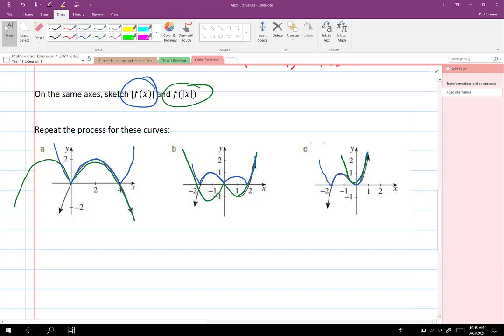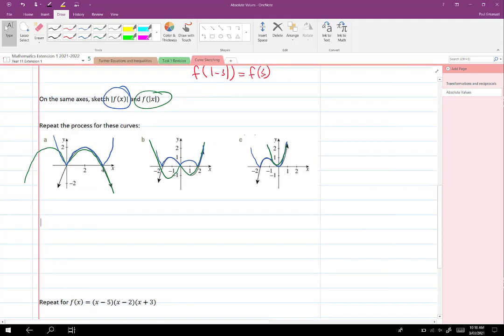You're reflecting that, and you're going like that. For the purple, you're taking purple. Again, you can never get there because for f of absolute value of x, that bit is always positive. So you can't get to f of negative 2, for example.